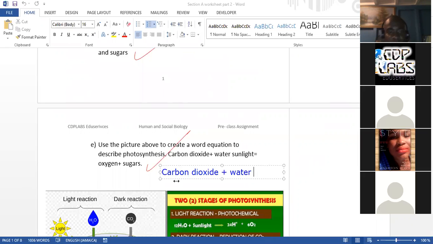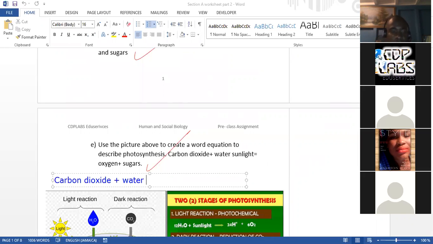I didn't mark it correct for you because it did not give me a word equation. Okay. So now, let me make a space. And that will be equal to oxygen plus glucose or sugars, whichever one you choose. Same difference. All right.